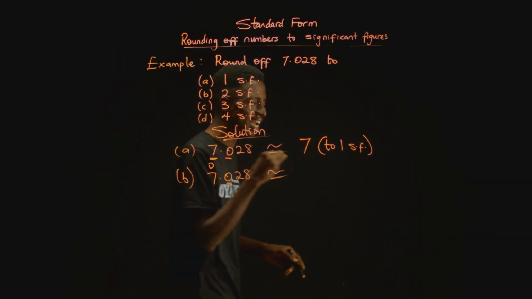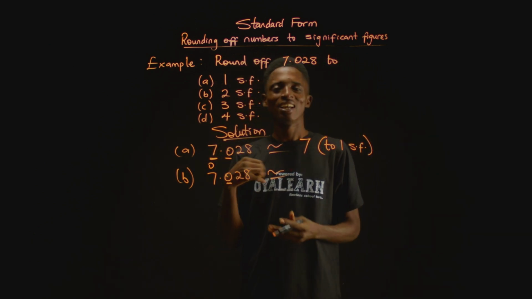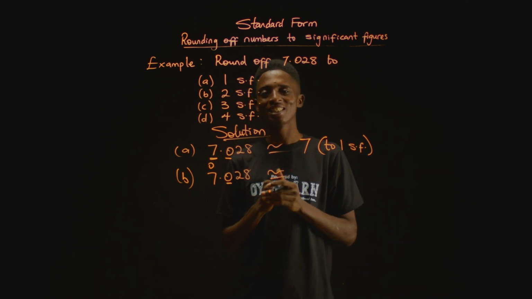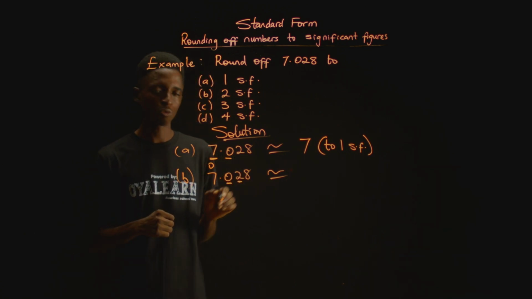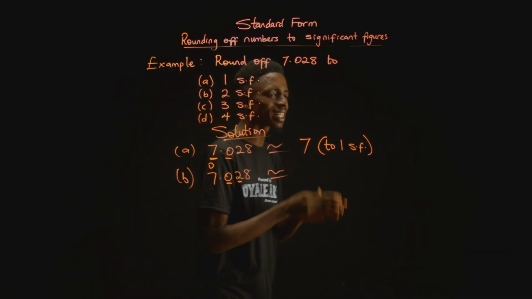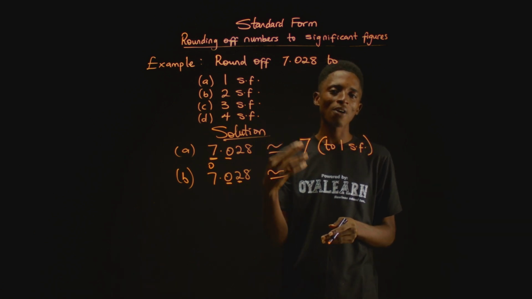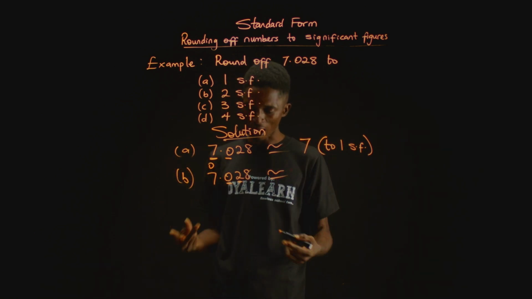That is, the digit that is in our rounding off point is digit 0. Now that we've identified our rounding off point, let's look at the next digit after it. So the next digit after 0 is digit 2. And digits that are between 0 to 4 means that we round down, while from 5 to 9 means we round up. So in this case, we are going to round down.